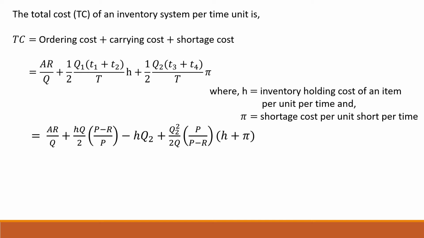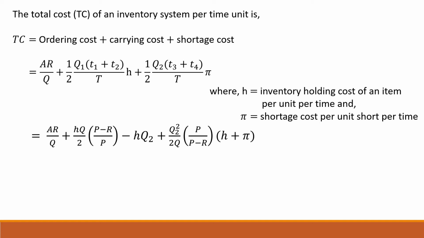Ordering cost is AR by Q. Carrying cost is 1/2 Q1 into (T1 plus T2) by T, and H. H is inventory holding cost of an item per unit per time unit, and shortage cost, which is 1/2 Q2 into (T3 plus T4) by T into pi. Pi is shortage cost per unit short per time unit.